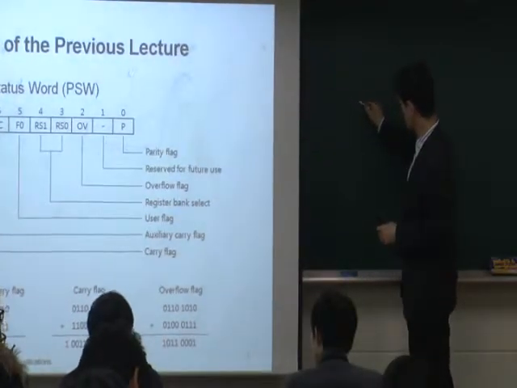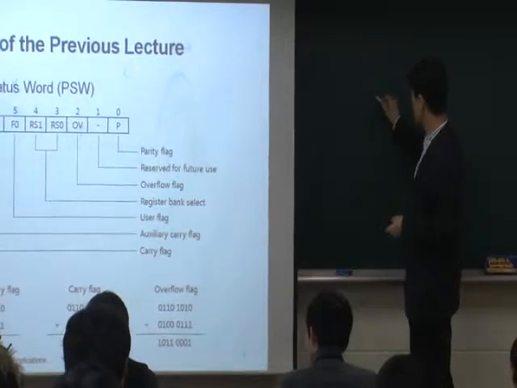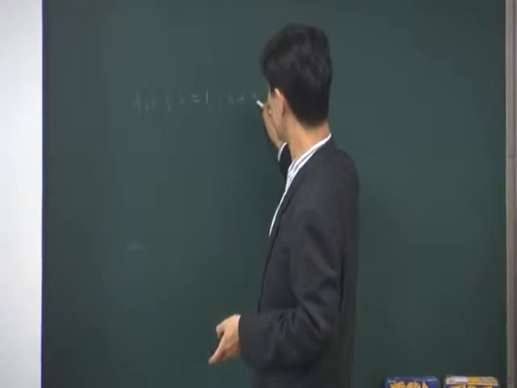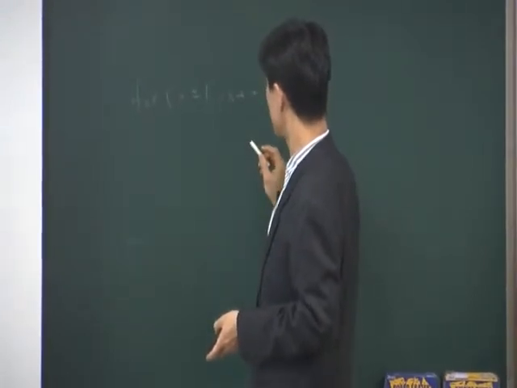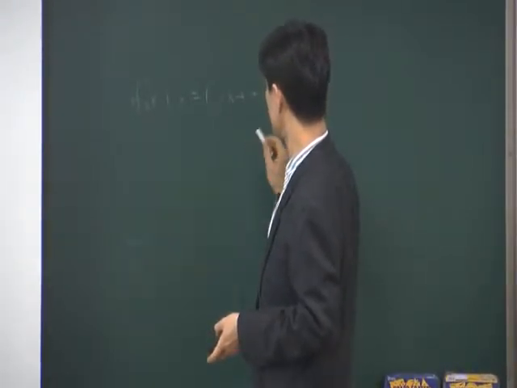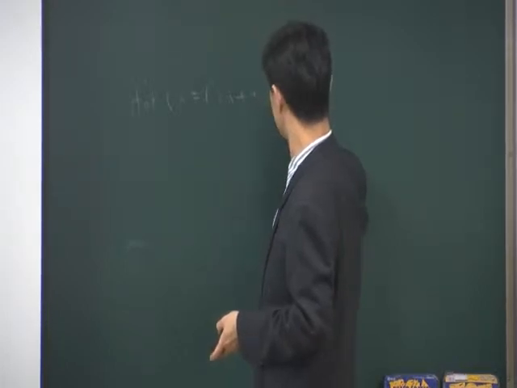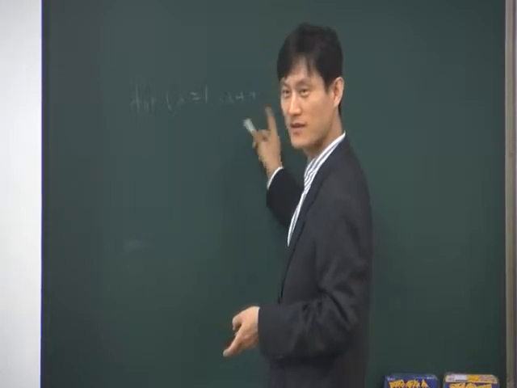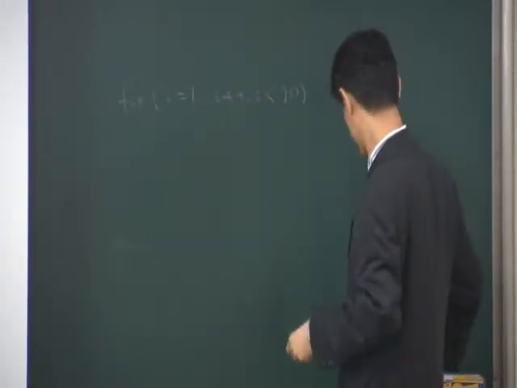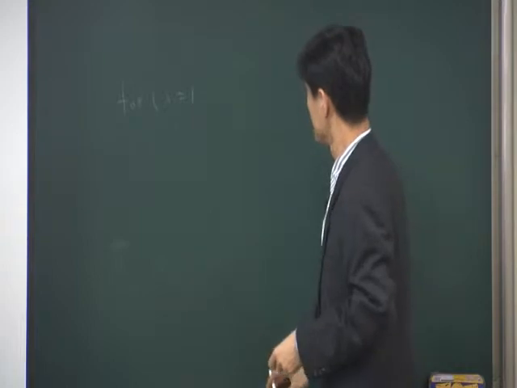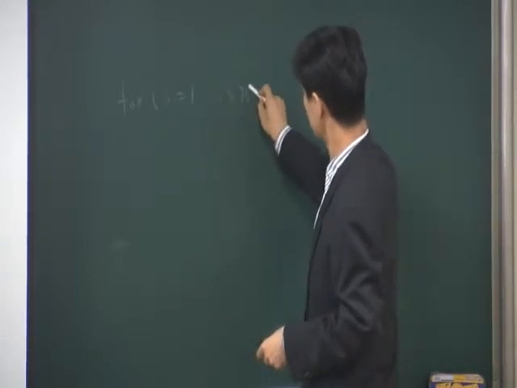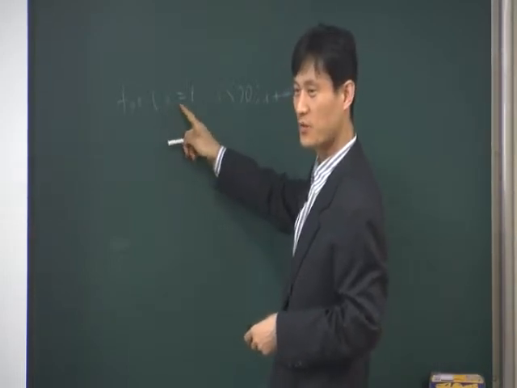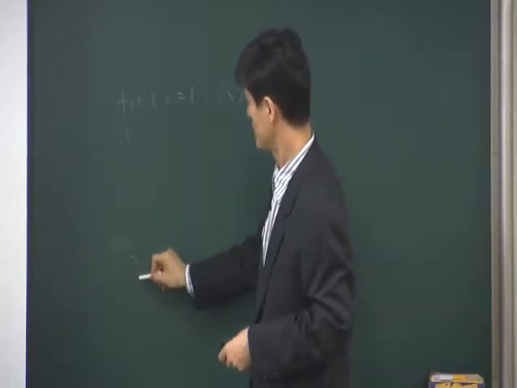So for example, let's say you do a for loop in C language, for example. Let's say I start from I equal to 1. I forgot the syntax. I'm trying to increment I from 1 to 70, okay?